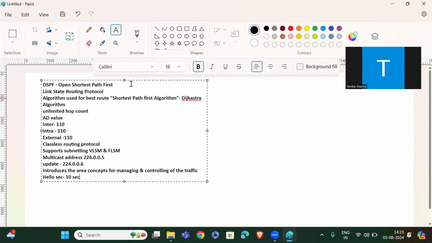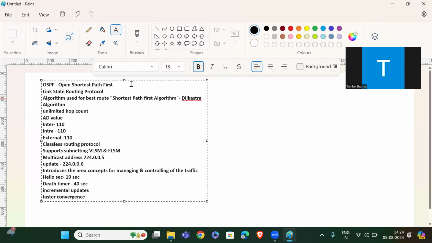The dead timer is 40 seconds. Incremental updates, it says. Faster convergence.